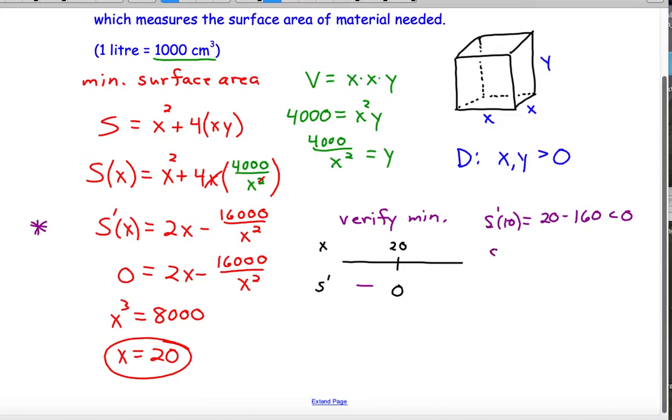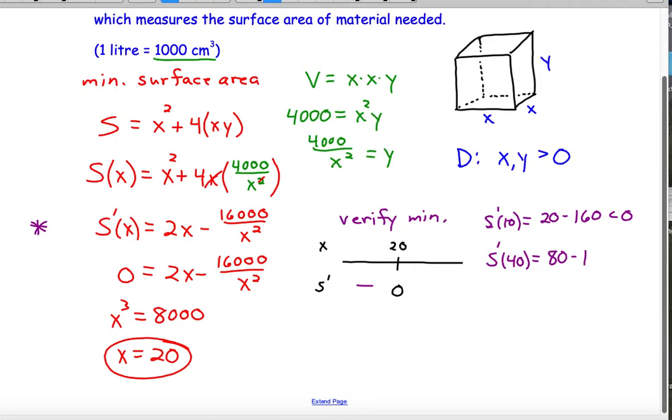And then let's pick a number bigger than 20. How about 30? And we plug that in, and we're going to get 60 minus, well, actually, let's pick, I want to make my life more difficult and I have to use a calculator. How about let's pick 40. So that's going to be 80 minus 16,000 over 1,600.